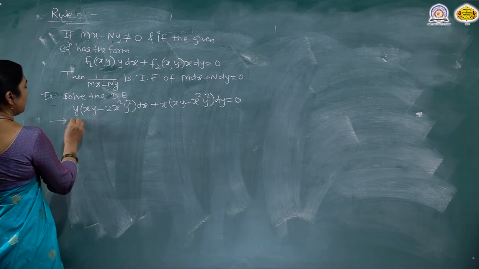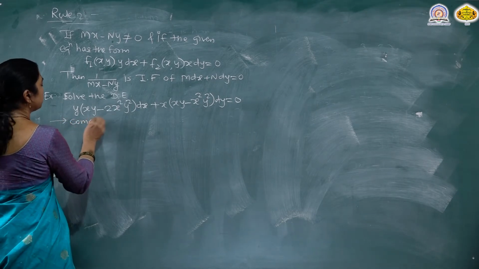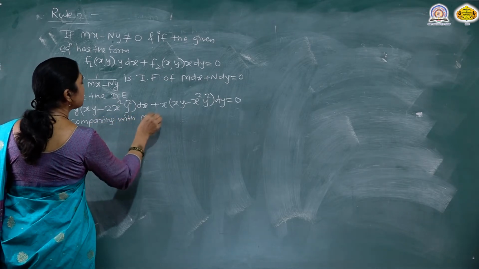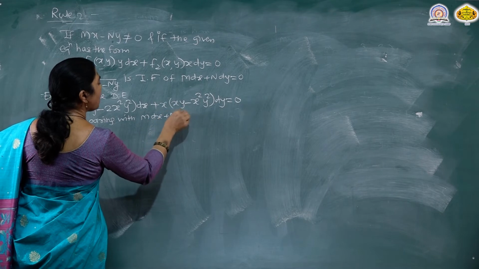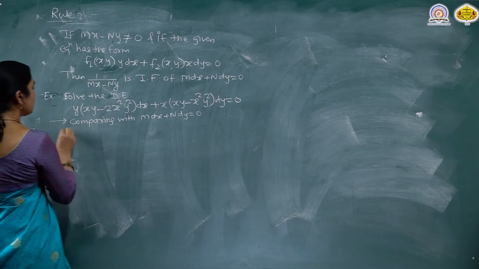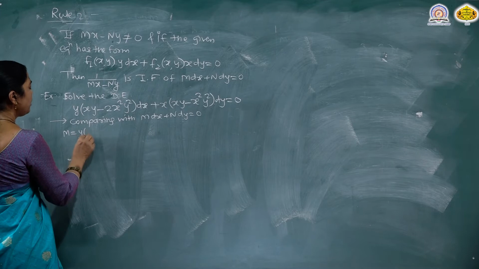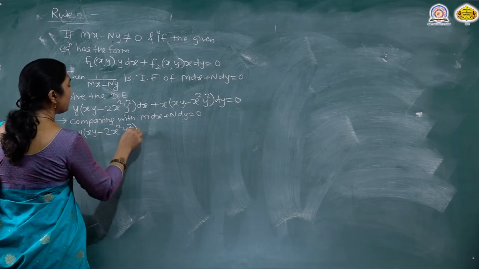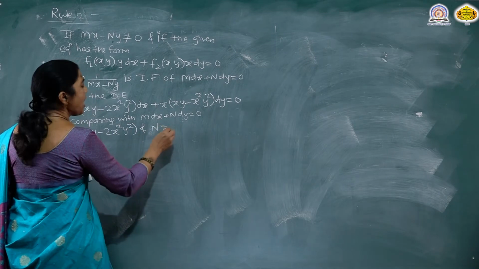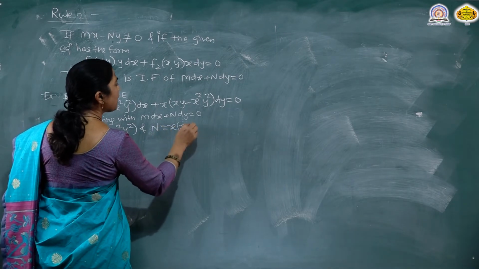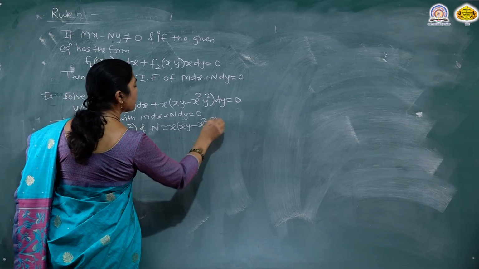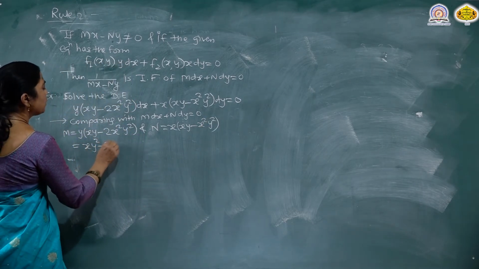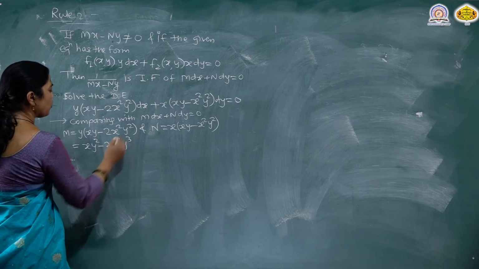Compare this equation with M dx plus N dy equal to 0. So M becomes y into bracket xy minus 2x square y square, and N becomes x into bracket xy minus x square y square, that is xy square minus 2x square y cube.